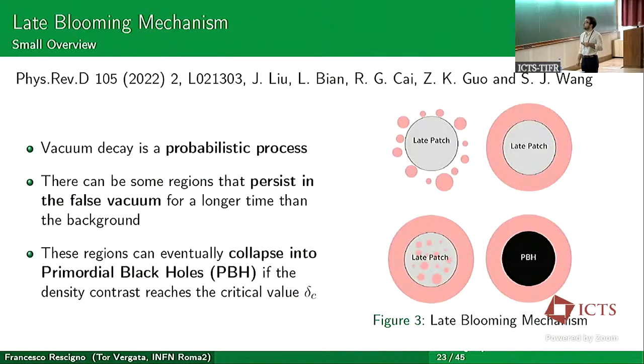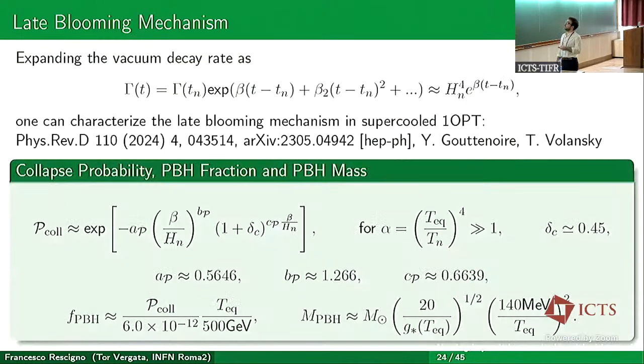When the bubble nucleates in the late patch, the density contrast of the radiation energy between background and the late patch can eventually reach a critical value delta C that makes this perturbation collapse. This is the idea.